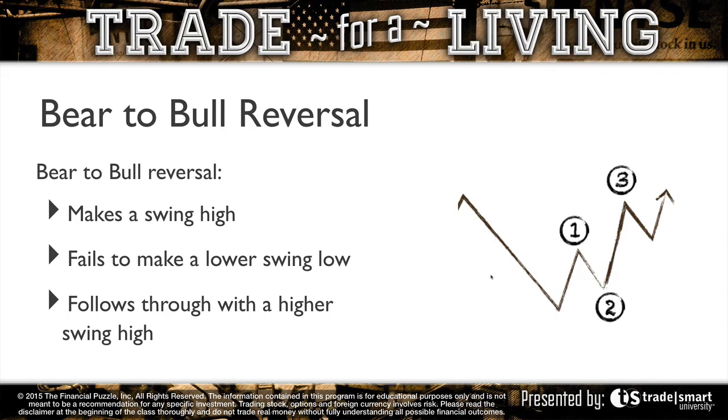Now, one thing you might want to make note of: many times, whenever you see a 3-point reversal like this, it will break out, and it will come right back down and test that previous resistance, that previous swing high, as a new support. So be prepared for that. Just because it breaks out into a new higher high doesn't mean that it's all clear. Sometimes it comes right back down, tests it, and then it runs away.